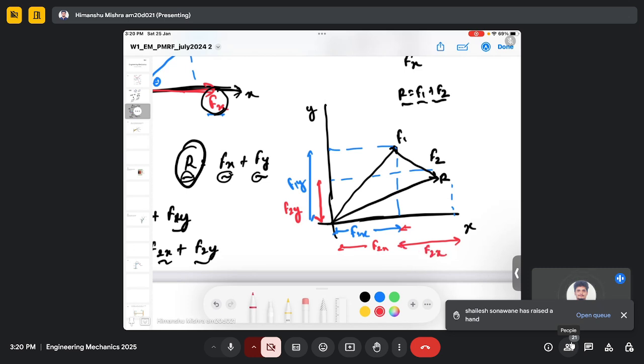This is F2x. This is by the triangle law, na? Yes, sir. Yeah, this is the triangle law. Here the resultant R can be defined by the summation of this F1 and F2.